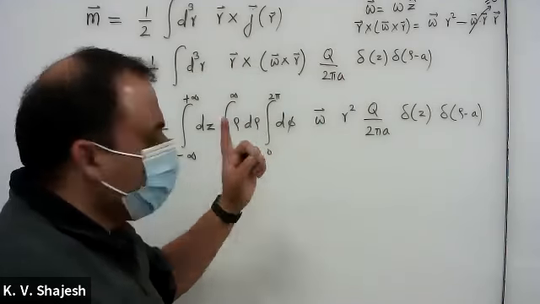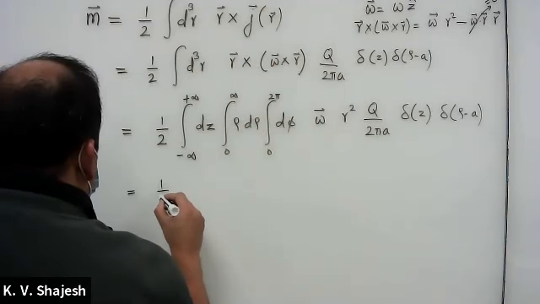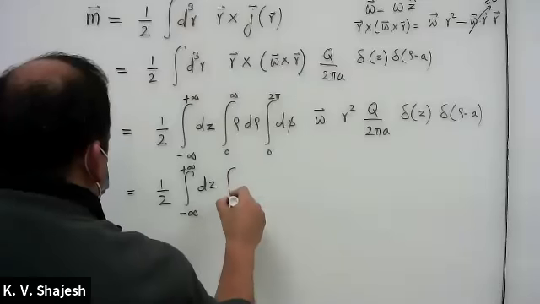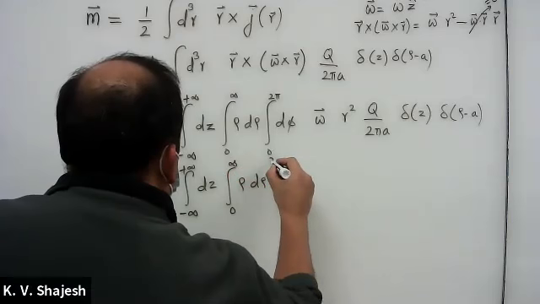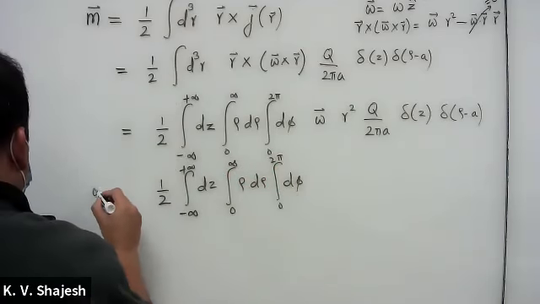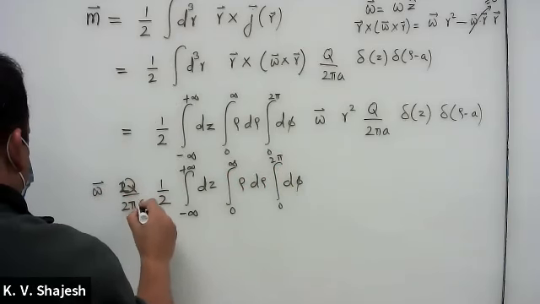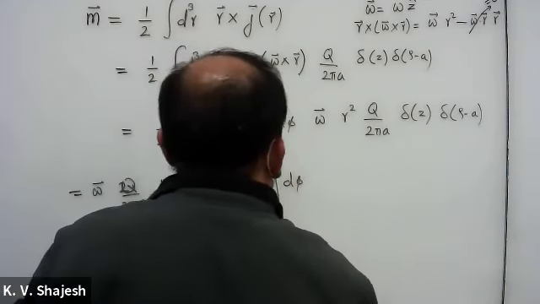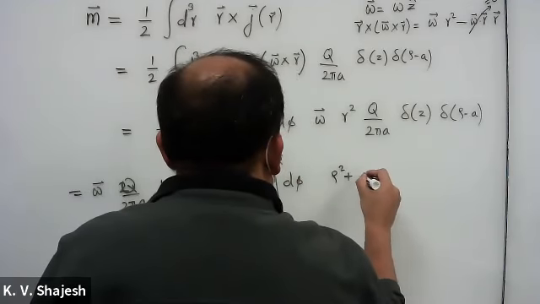R is spherical coordinate, rho is actually cylindrical coordinate. Let me not confuse there. So rewrite this, even though it is trivial. Rho d rho, 0 to 2 pi d phi, and this is omega times q over 2 pi a, and that is r square, which is nothing but rho square plus z square.